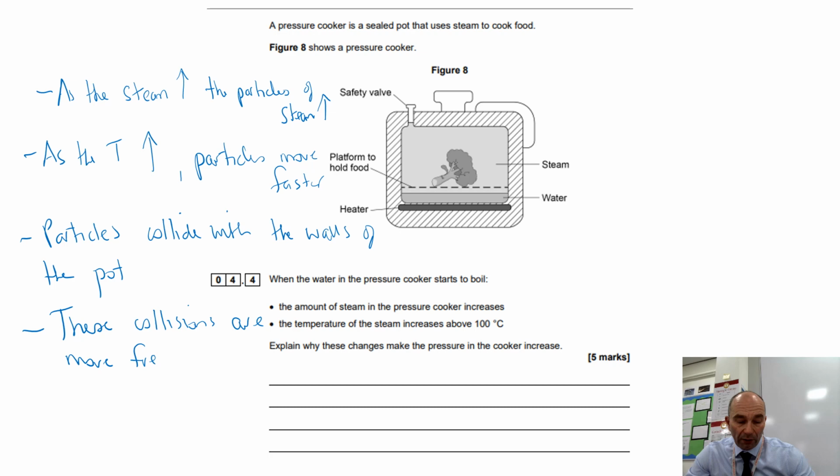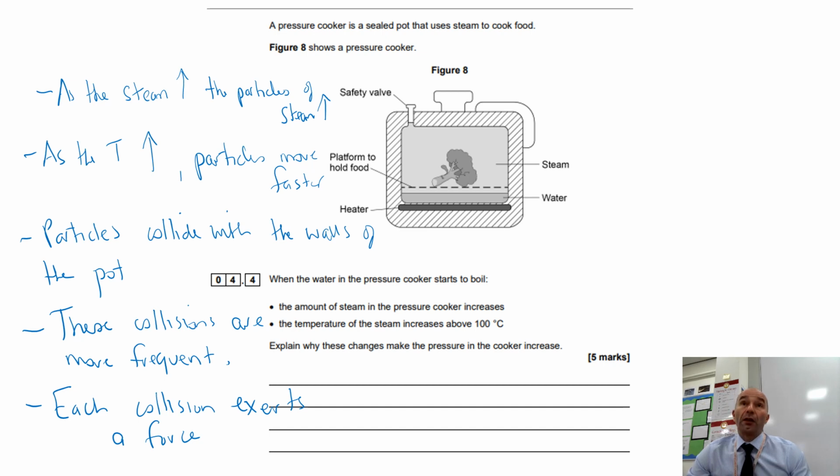So you're getting more collisions per second. That's what the frequency is all about. Each collision exerts a force. So basically, the pressure goes up because you've got more frequent collisions, each delivering a force.